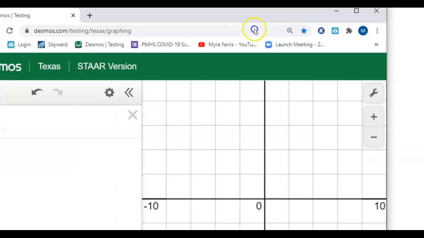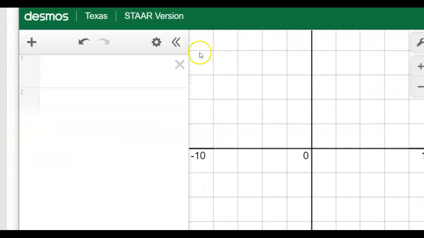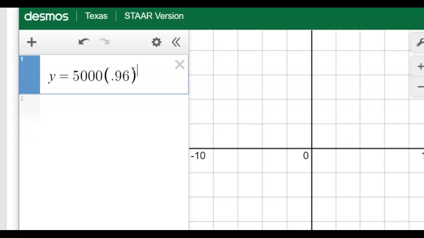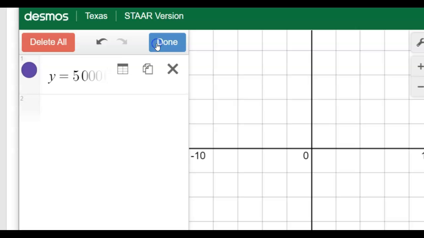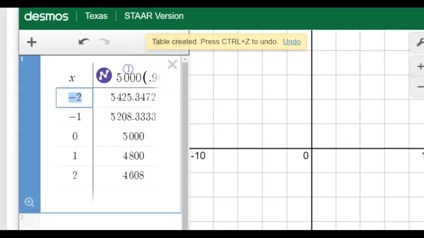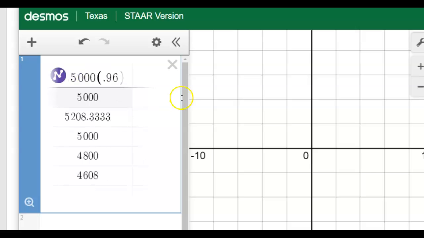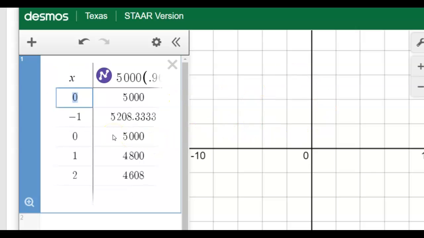So, Desmos, my equation was y equals 5,000 times 0.9 raised to the x power. Okay, how do I get a table? Year, table. Now, I don't need negative numbers in my table because x represents years. I'm not going to talk about negative years.